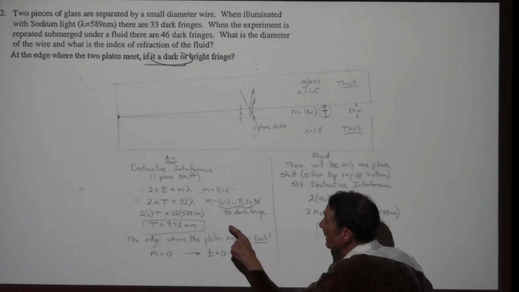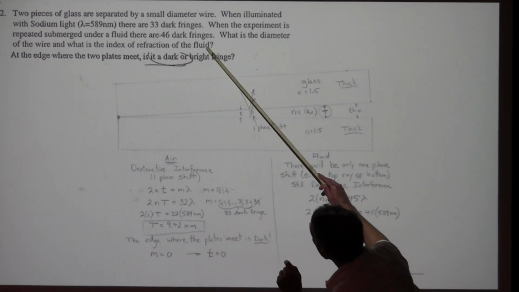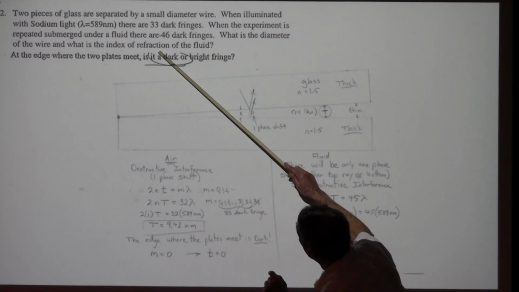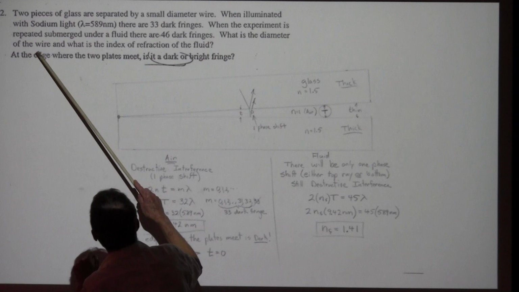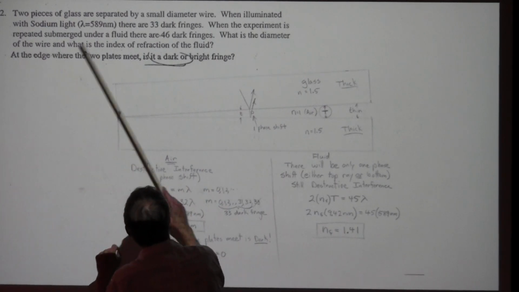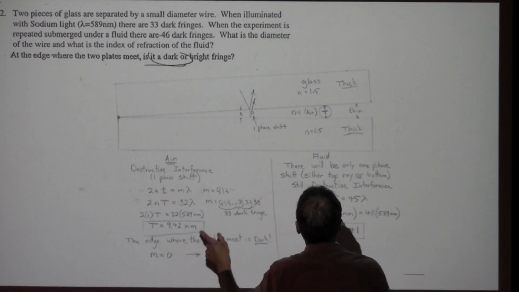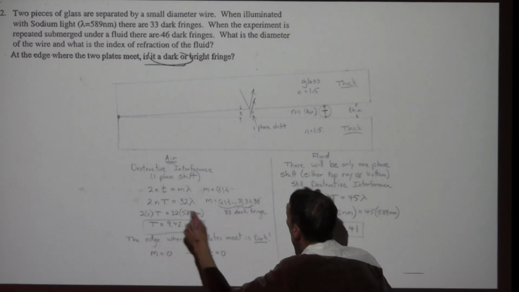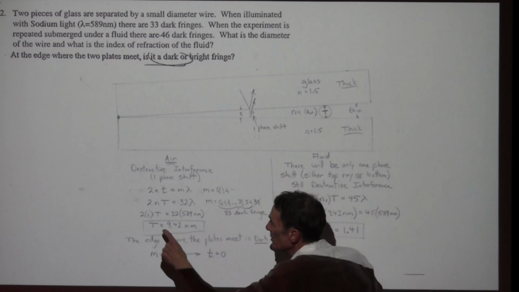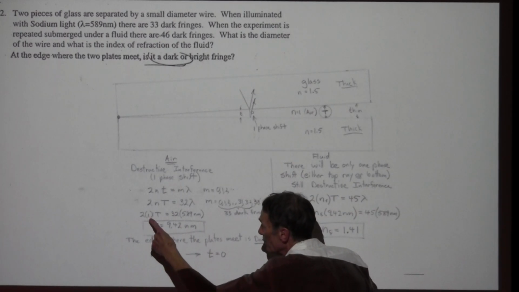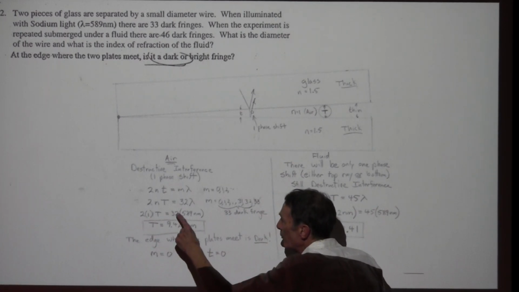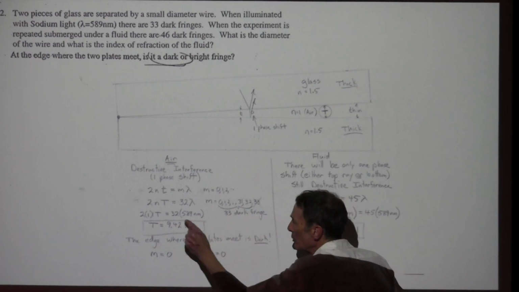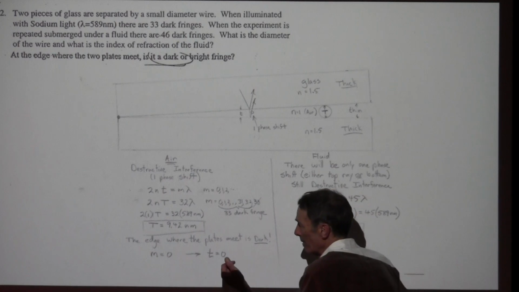So if I want to get this, he's got two questions here. What is the diameter of the wire? The diameter of the wire will be the thickness. So 2nt, and n is just 1, times the thickness, is equal to m lambda, where m is going to be 32, so that we have 33 dark fringes.